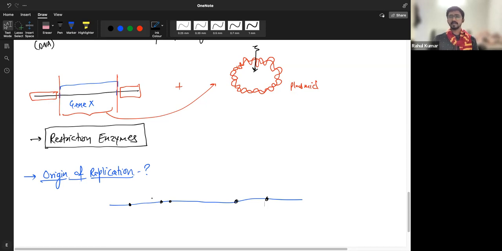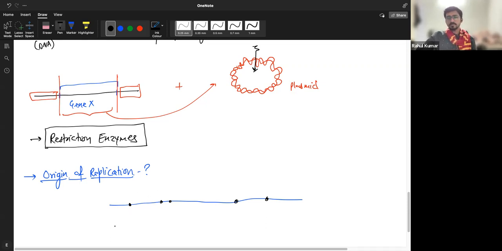Some cells divide and replicate more. Some cells do not divide and replicate, so they do not have an origin of replication in their genome, because the cells are terminally differentiated. It varies from cell type to cell type, tissue to tissue, or organism to organism. But whatever the number, it is very crucial.